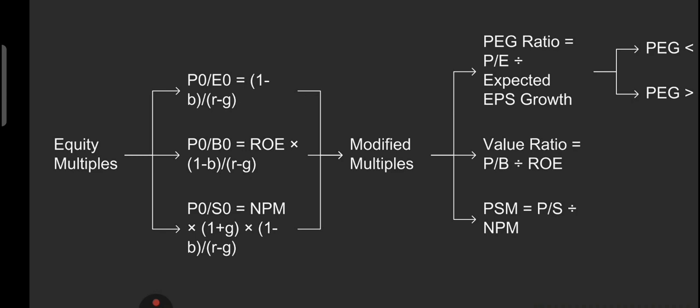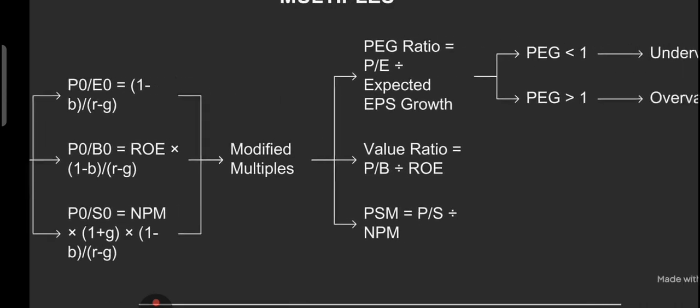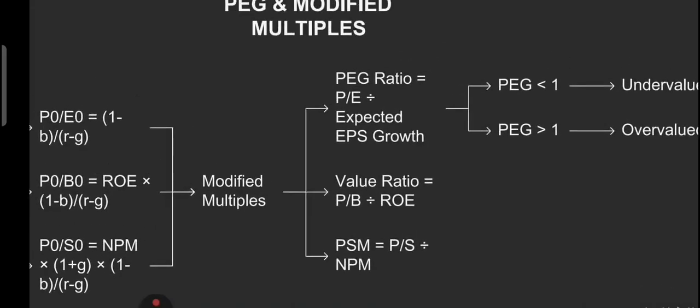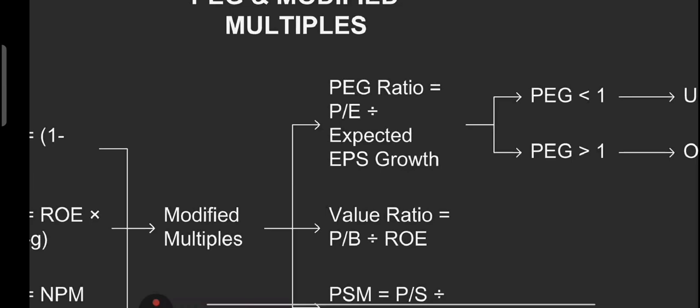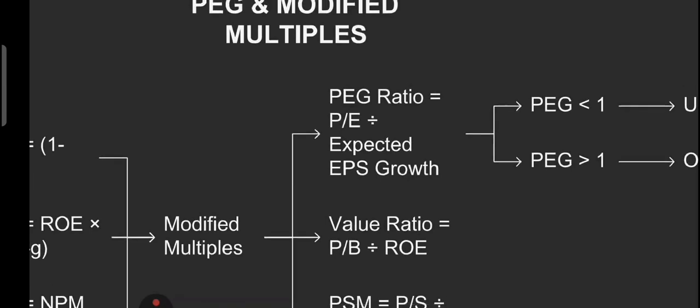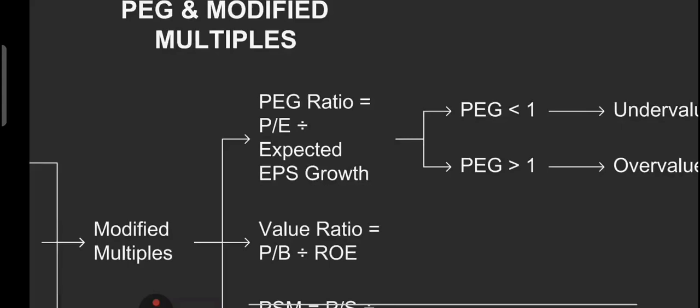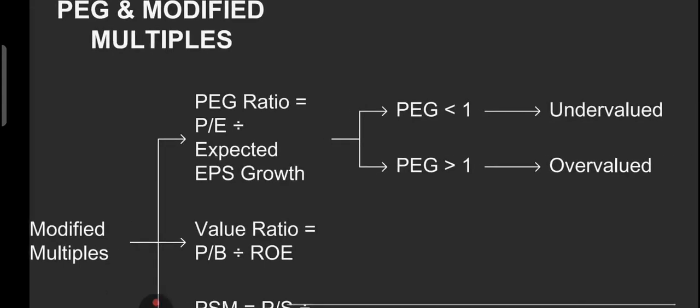Now friends, PEG. What does PEG mean? PEG ratio means P/E divided by expected EPS growth. This is the formula in front of you: P/E in the numerator and expected EPS growth in the denominator. Two things are possible: either PEG less than 1 or PEG greater than 1.